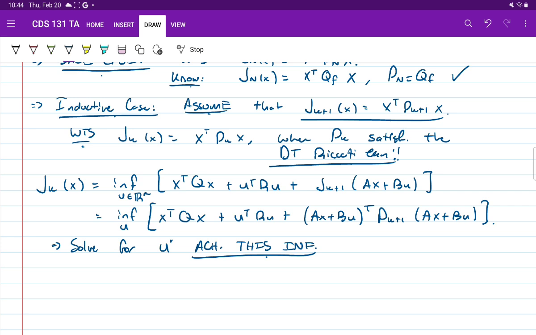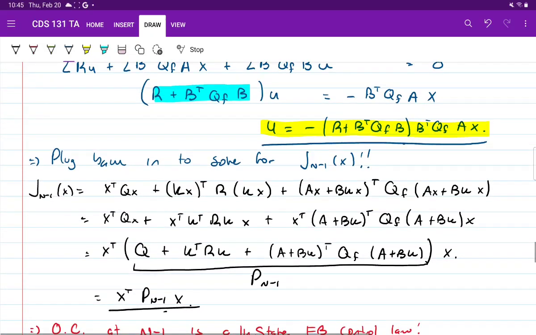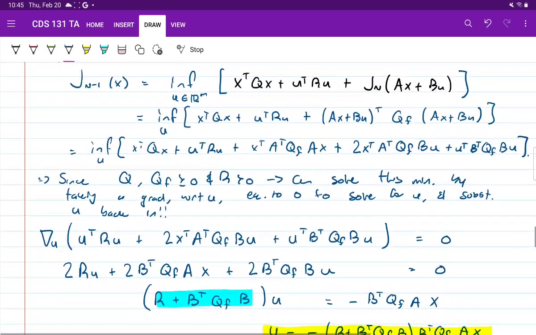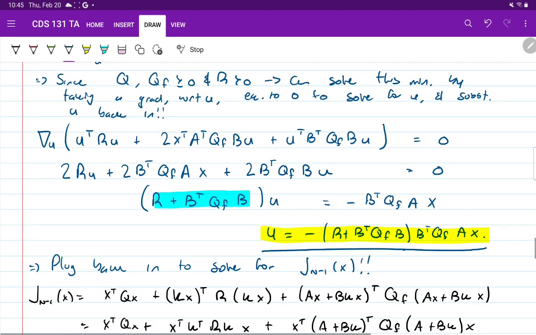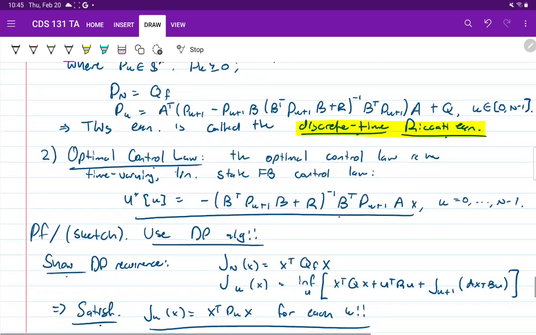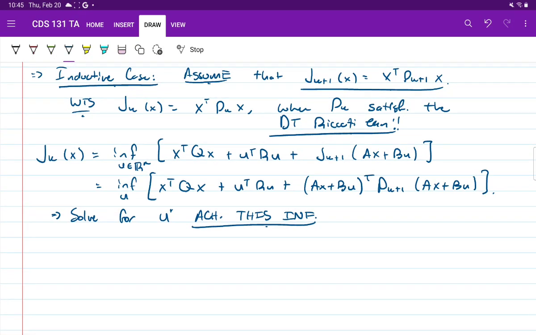Now, what you'll notice is that this optimization problem for Jk has the exact same form as the problem which we solved up over here. Just in the place of Qf, we have P_{k+1}. So my optimal input will be precisely this, just with P_{k+1} instead of Qf. I'm not going to repeat the details because it's the exact same derivation.